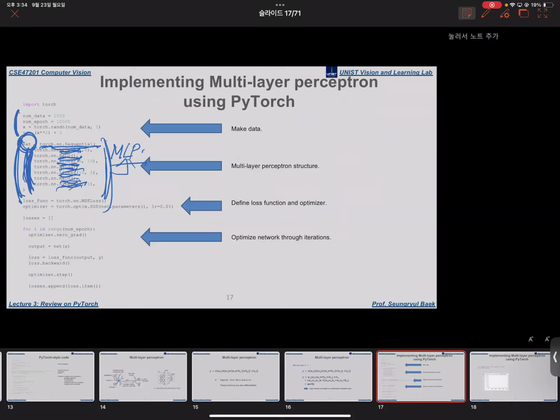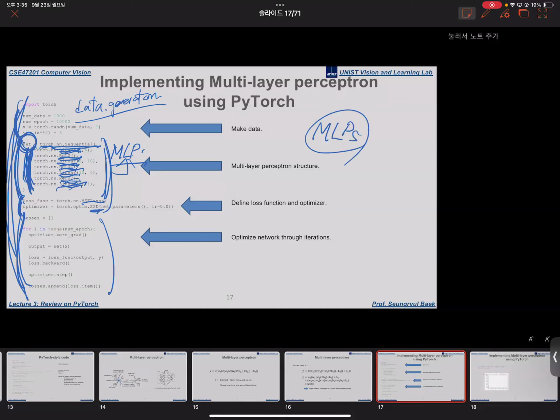And this is the data generation part. Similar to today's linear regression example, we have to generate some data. And this is the loss function we will use. And this is the gradient descent optimizer. This is the same code for gradient descent. So, using this, we can actually train MLPs. The thing you have to fill in on this slide is that this code is the same as before.